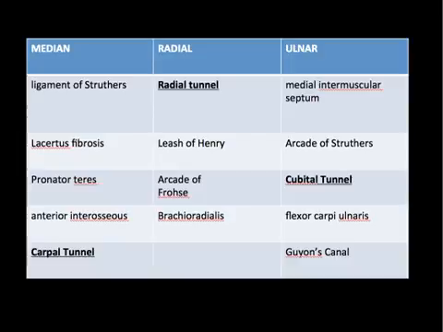But there are several areas that could be likely areas for that nerve to hang up. So looking at median, you've got ligament of Struthers, lacertus fibrosus at the elbow, pronator teres, anterior interosseous membrane. Remember, that one is only going to give you motor signs, no sensory.